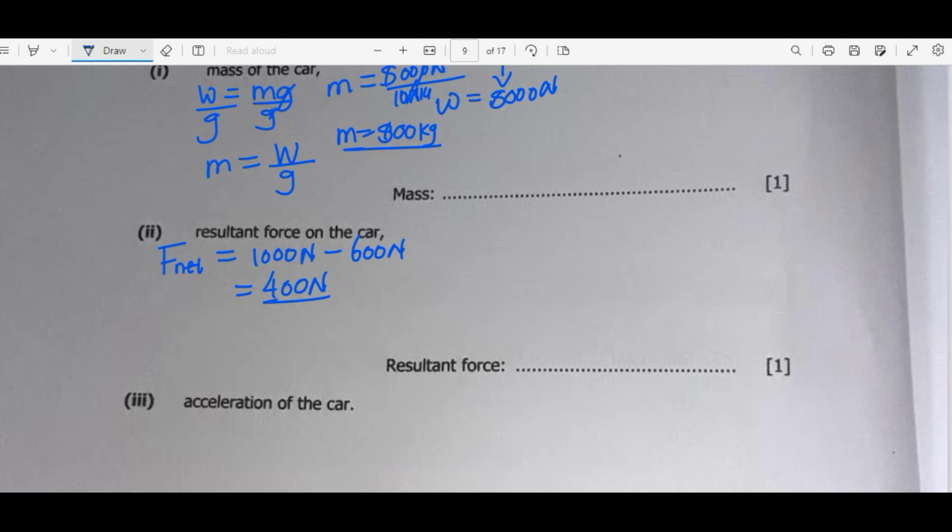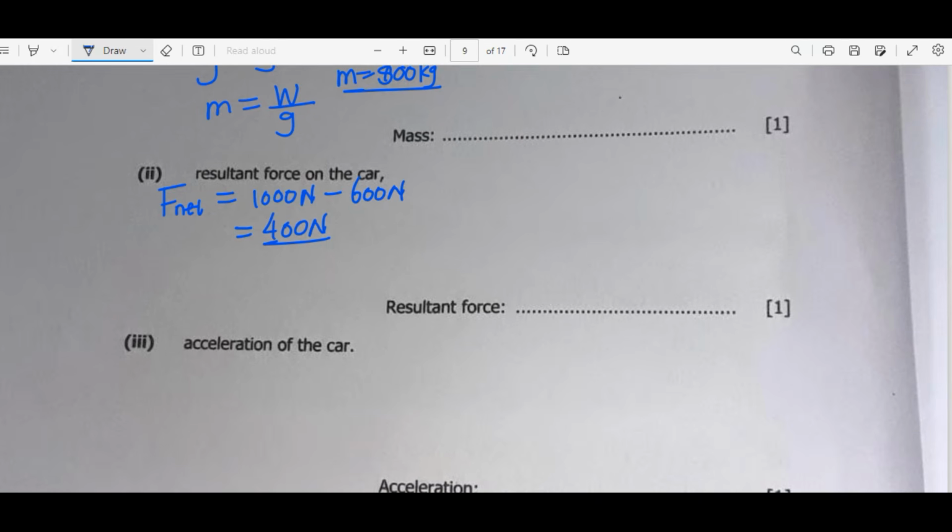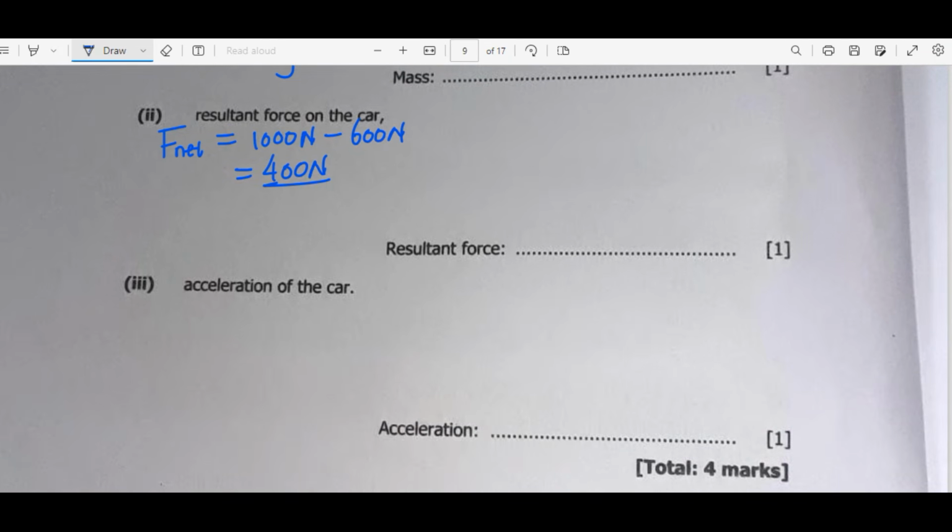Then how can we find the acceleration? We are going to use net force is equal to mass by the acceleration. So let's divide by m, also by m. So the acceleration is net force over mass.